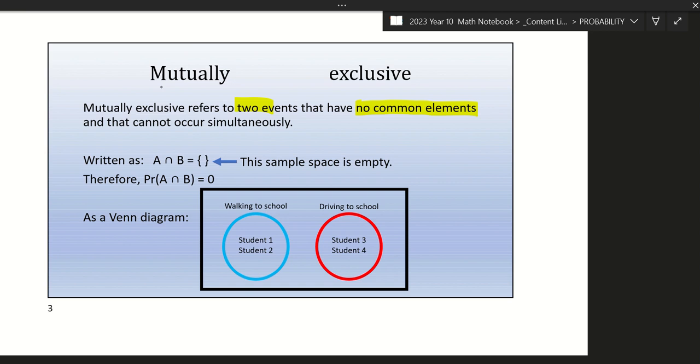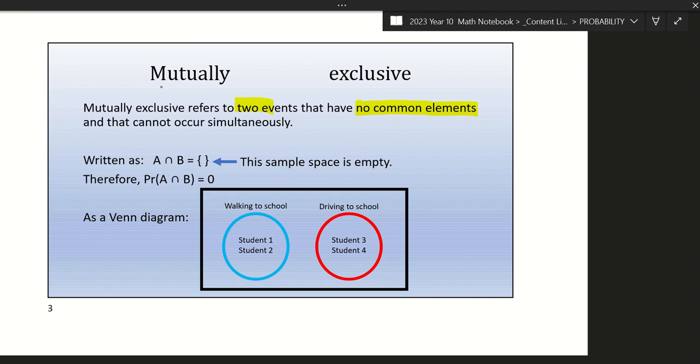But still, let's bring it back to what you've learned in probability before with a deck of cards. If I was to pick out one card, can I pick a black card and a red card? No. That's what you call a mutually exclusive event. It can't happen at the same time.